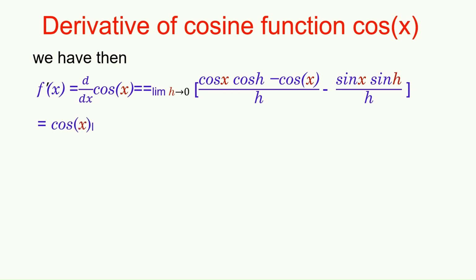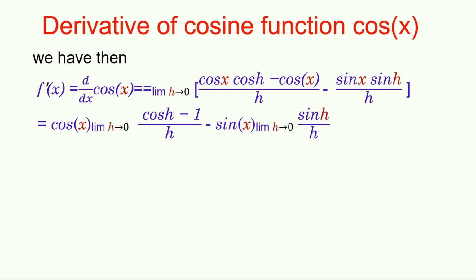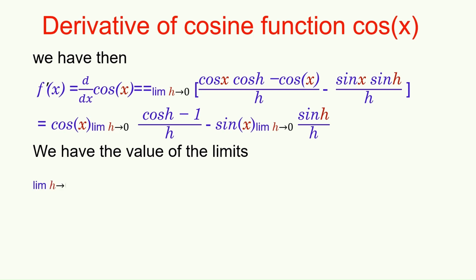Take the common factors of sin x and cos x out: equals cos x times limit as h tends to 0 of (cos h − 1)/h, minus sin x times limit as h tends to 0 of sin h/h.